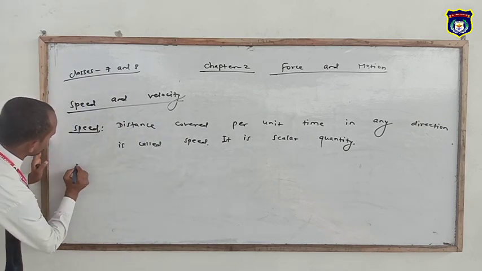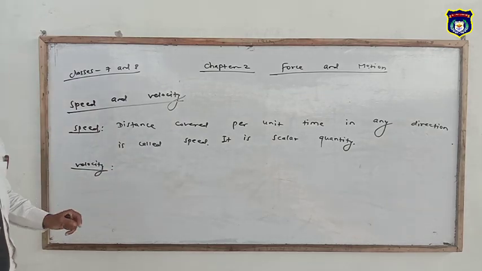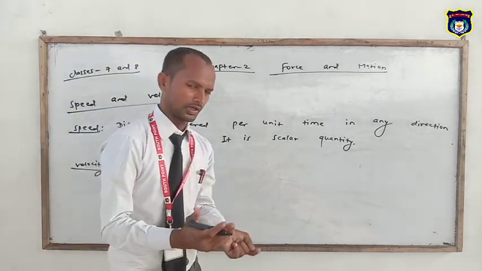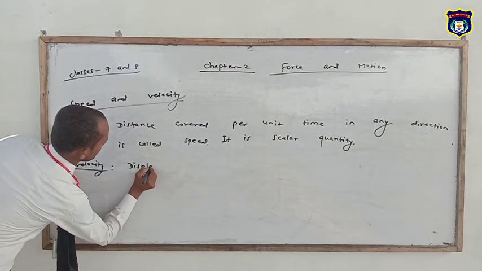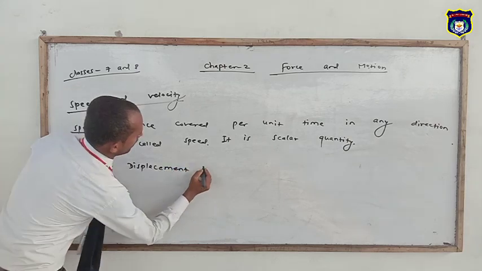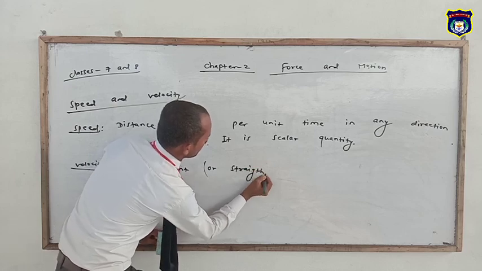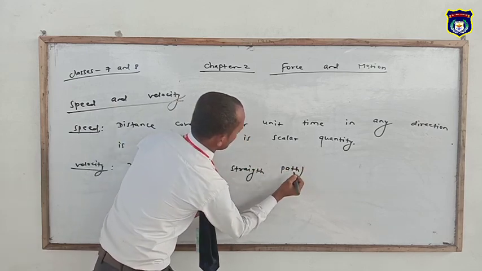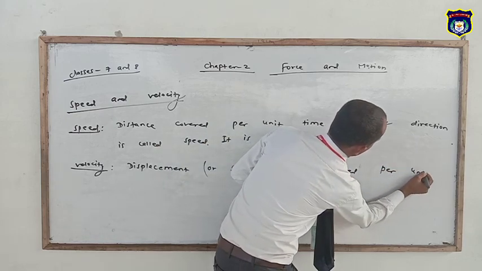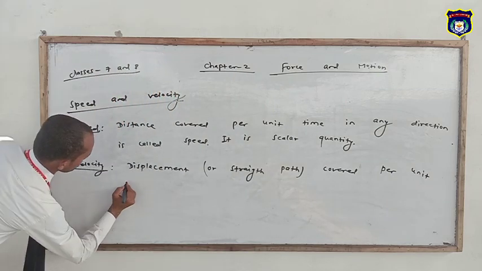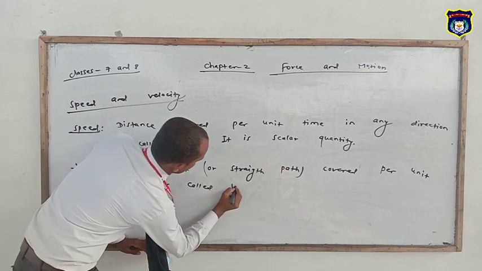Whereas next is velocity. Velocity is displacement covered, or straight path covered, per unit time. Displacement or a straight path covered per unit time is called velocity.